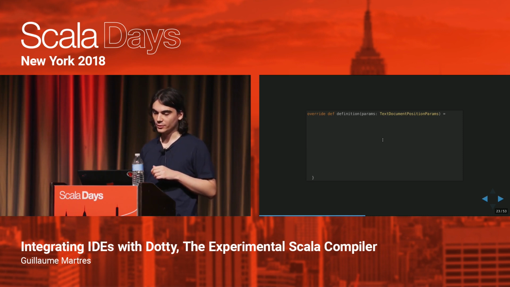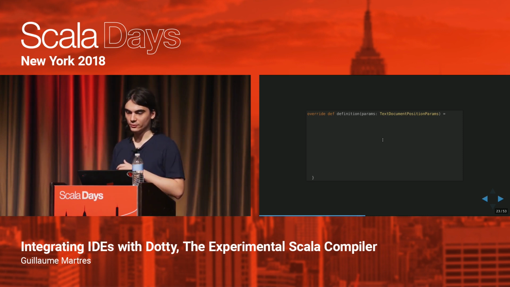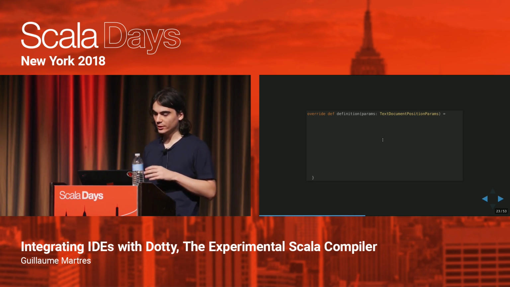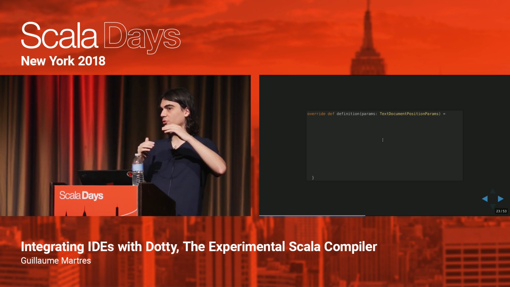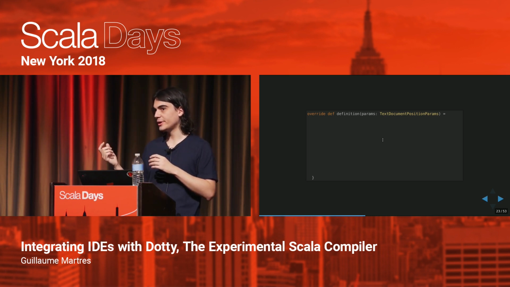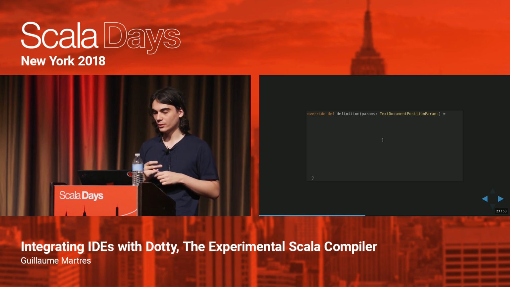And using that information, you have to figure out how to get a position of a definition that you can give to the user. To do that, we need, of course, to find out from the URI which project it belongs to. Because usually, in a typical SBT project, you're going to have many sub-projects, each with their own compiler flags, maybe even their own compiler version. So you need to figure out which project your URI belongs to.